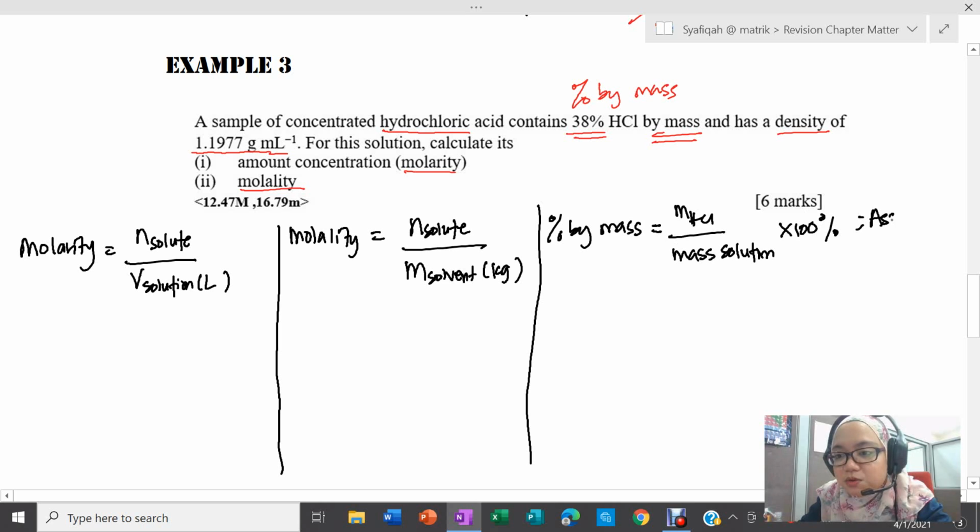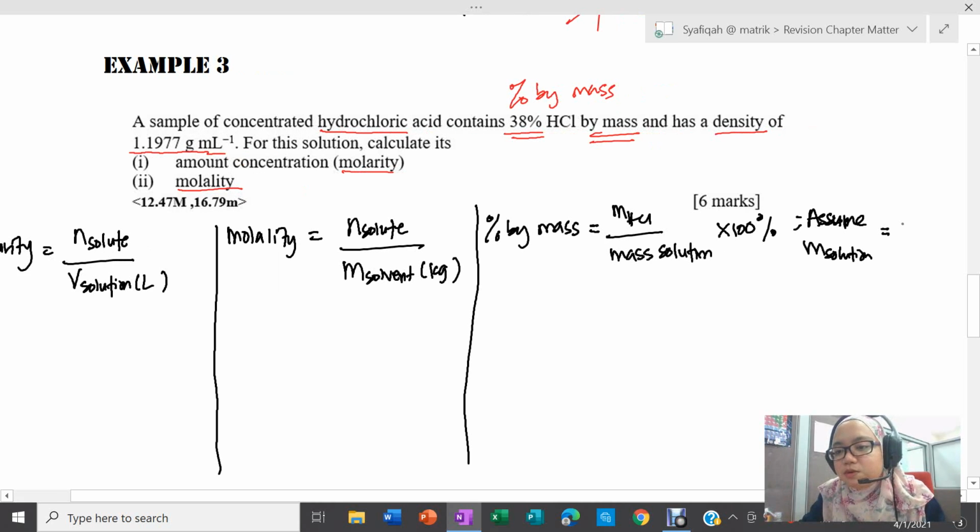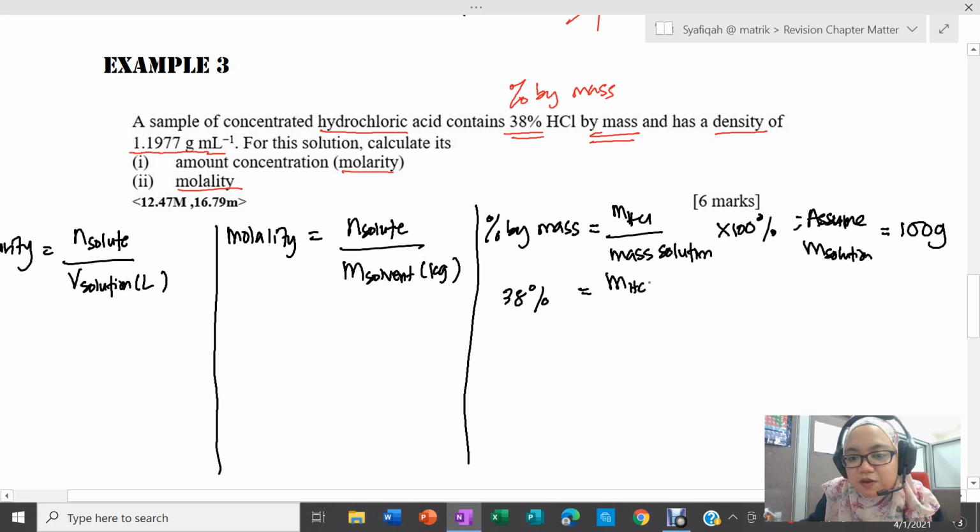So, kita assume mass solution is equals to 100 gram. Okay, so bila kita assume mass solution ni 100 gram, kita tahu percentage by mass is 38%. Betul? So, kita nak cari mass of hydrochloric acid.